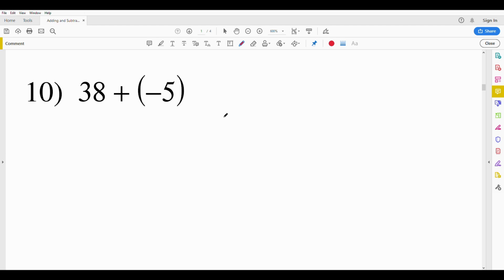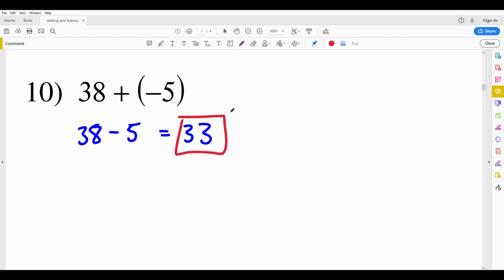In number 10, we have 38 plus a negative 5. So this is 38 plus a negative. Remember, subtract that positive. 38 minus 5 equals 33. Or think of it as 38 plus a negative 5. We're going to the left on that number line.